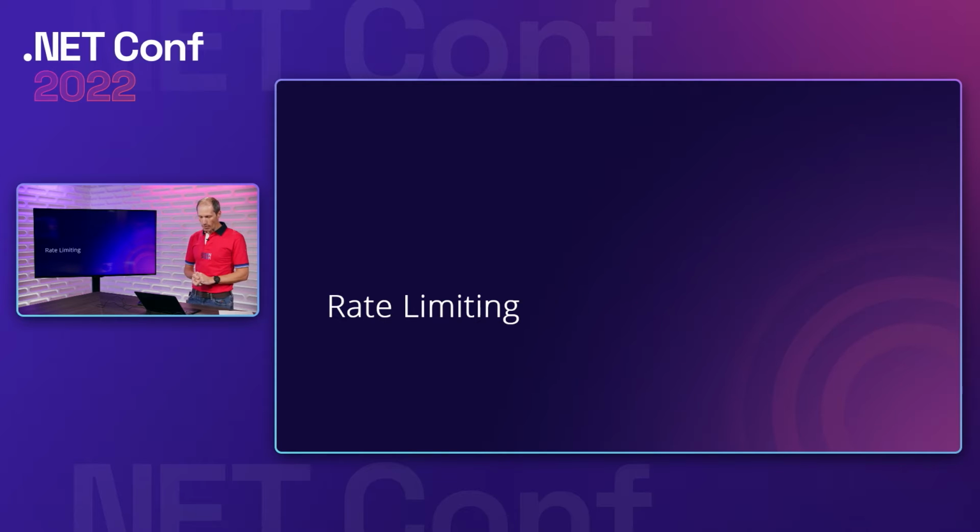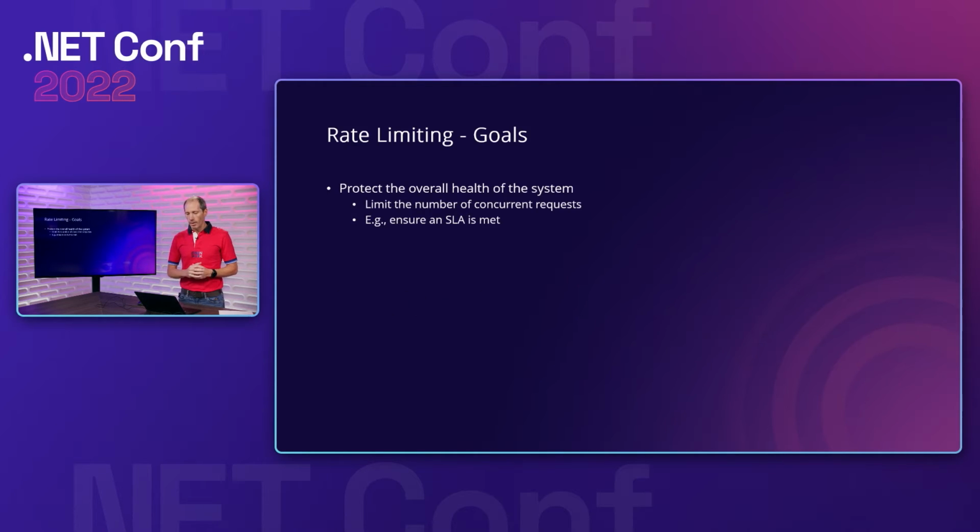Now, let's talk about rate limiting. Rate limiting is a new feature in .NET 7. And the idea of rate limiting is to be able to limit how many requests you will receive on your web app. One reason might be to protect the overall health of your system.